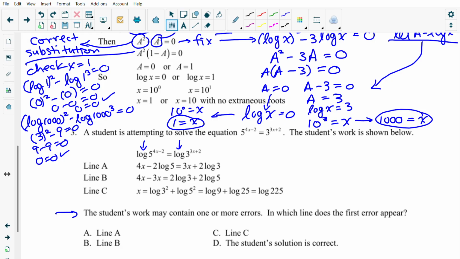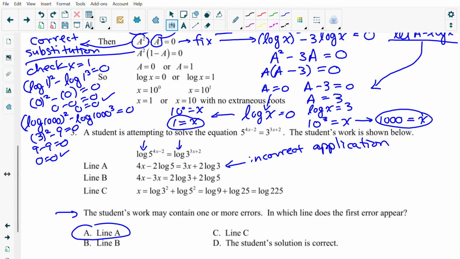Okay, so let's take a look at this. Here's the problem I have, folks. When you use the power law, so right here, I'm going to line A. Okay, the answer is A. Line A is the problem. So incorrect application of the power law.